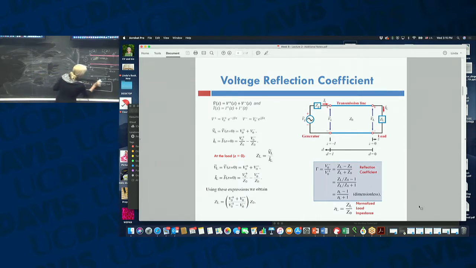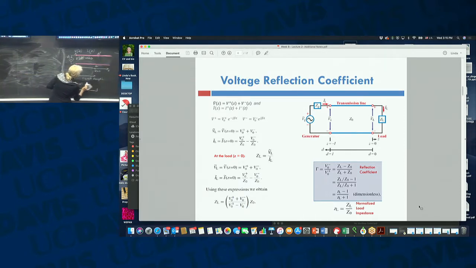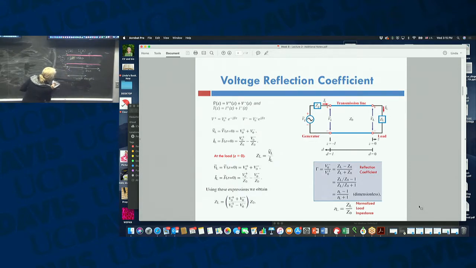So at this point, I'm giving you a line that is not infinite in length. It terminates, however, at a load, Isabel. And that's how I'm going to give things to you from now on.